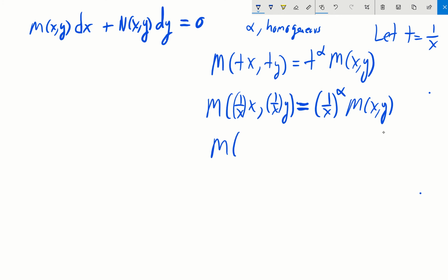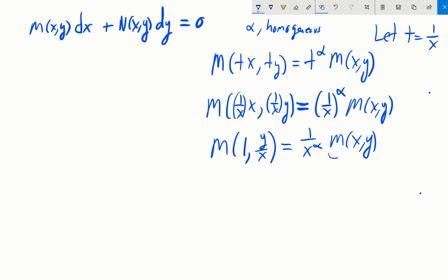Well, 1 over x times x, that's going to be 1. We can write 1 over x times y as y over x. And when you raise a fraction to a power, you raise both numerator and denominator to that power, so this is 1 over x to the alpha, m of x comma y.